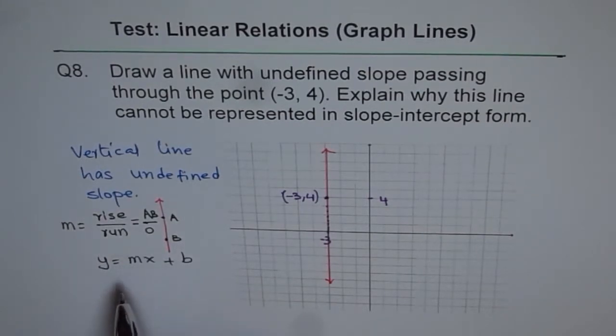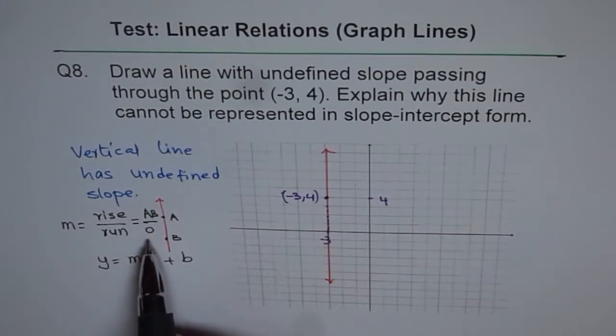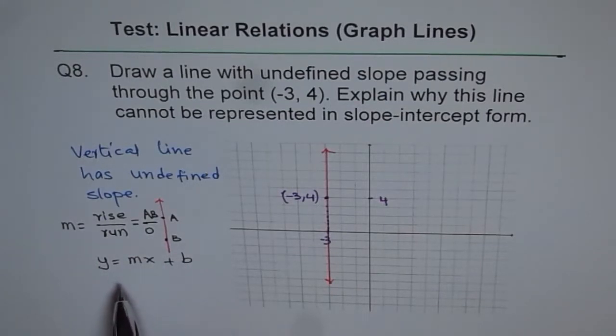And what is slope here? Slope is something divided by 0, which is undefined. Now we cannot write that number here. m has to be a real number. Something over 0 is not real, so we cannot write it. And that's the reason why slope-intercept form cannot represent a vertical line, a line with undefined slope.